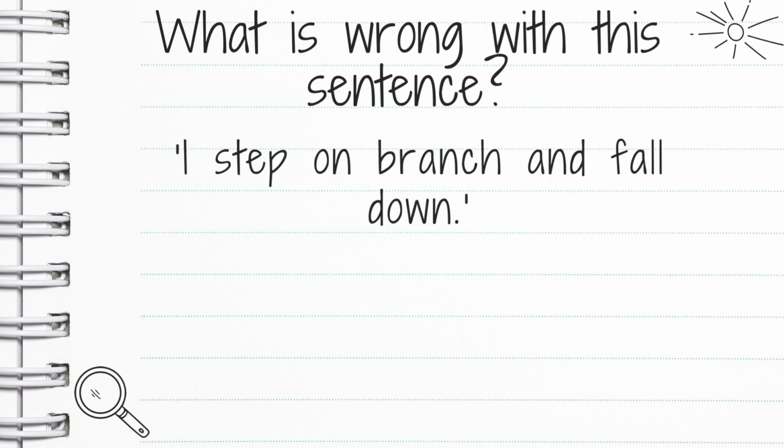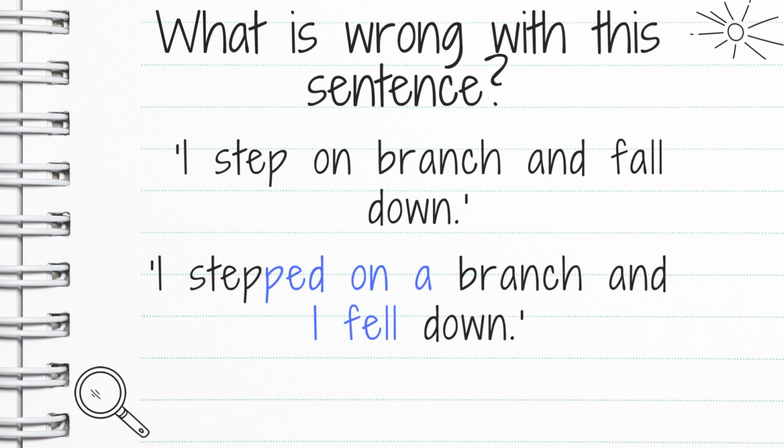I step on branch and fall down. What is wrong with this sentence? Okay, so I stepped on a branch and I fell down. I've got a little bit more explanation on the next part of this slide. So I changed step to stepped because stepped is past tense.